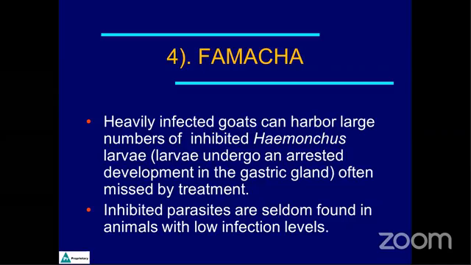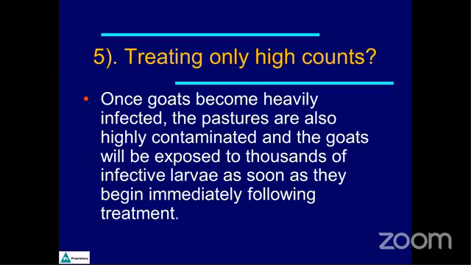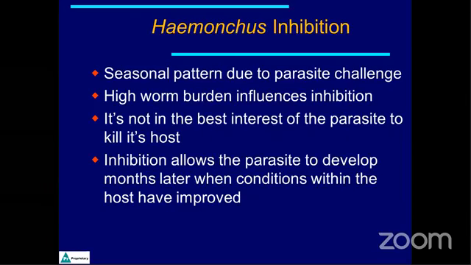Usually inhibition starts right around early July and goes on through to about November, and then these inhibited parasites will start coming out in March and April for next year. Anyways, the whole thing is a seasonal pattern. I'll walk through it and show you what we're trying to do in breaking this cycle and preventing this inhibition from occurring.